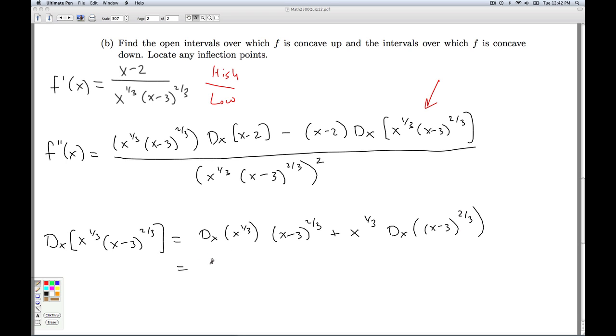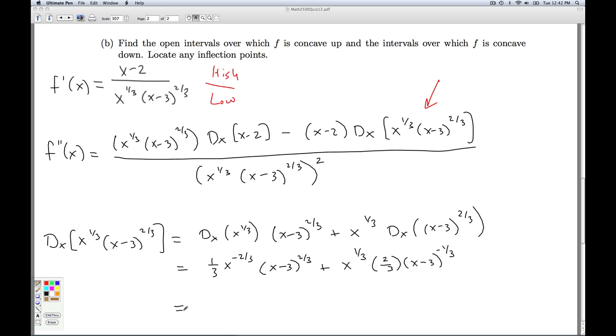And we use the power rule. And the derivative of the inside is still 1, so it doesn't contribute anything here when we multiply that.